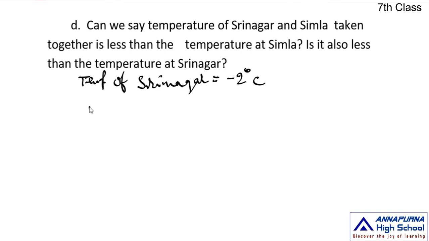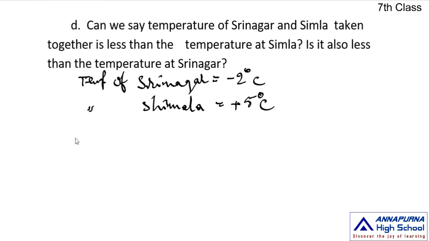And the same, temperature of, what is the next one? Shimla, which is equal to plus 5 degrees centigrade. Here if you take these two temperatures together, it means plus.